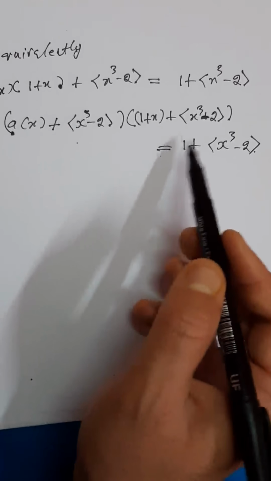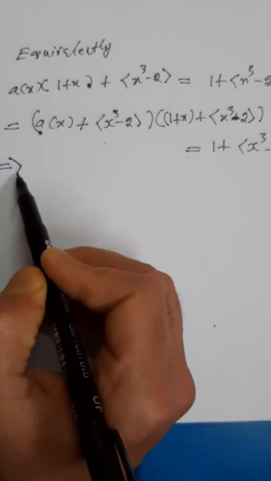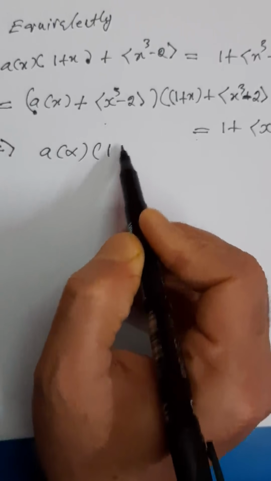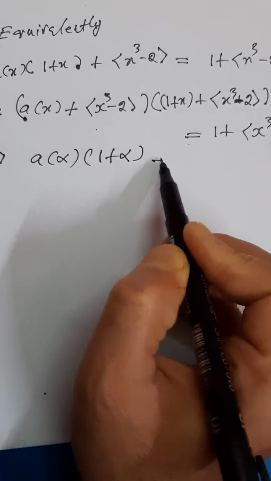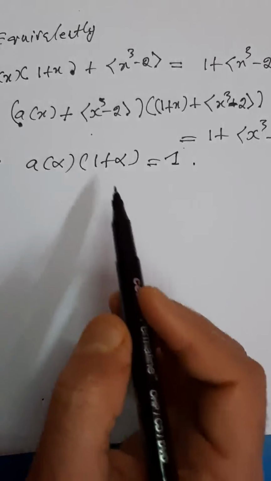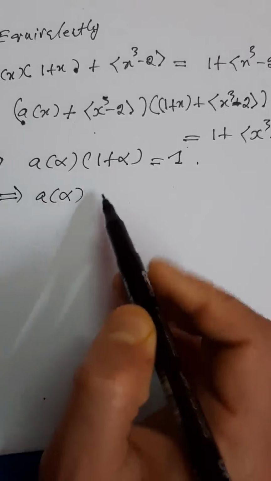Okay, or in other words, if we take the notation of alpha, it has the meaning that a(alpha) into 1 plus alpha equals 1. And this means that a(alpha) is the inverse.